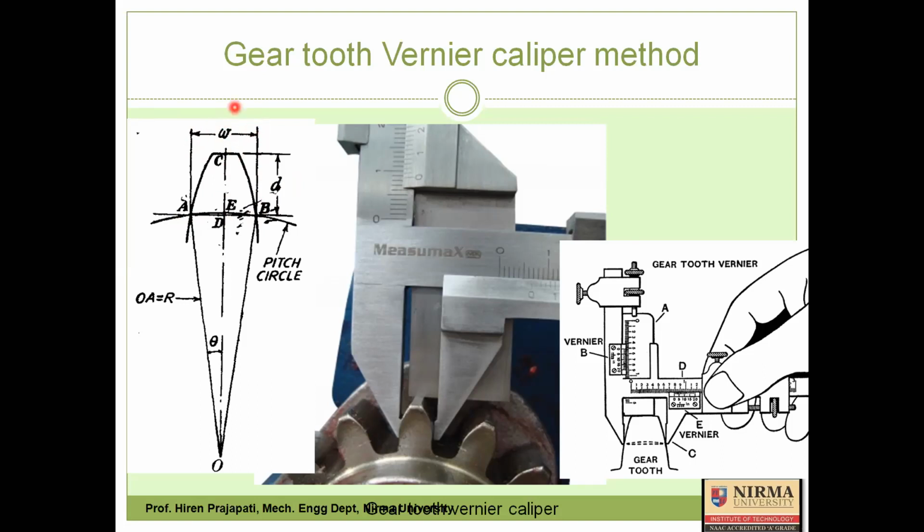So that will be our required dimension, and the same we will be measuring by gear tooth vernier caliper. So the gear tooth vernier caliper will give us the actual dimension. So we cross verify the reading of the gear tooth vernier caliper with the theoretical W.